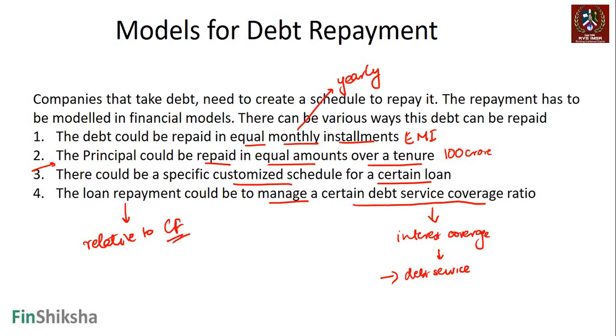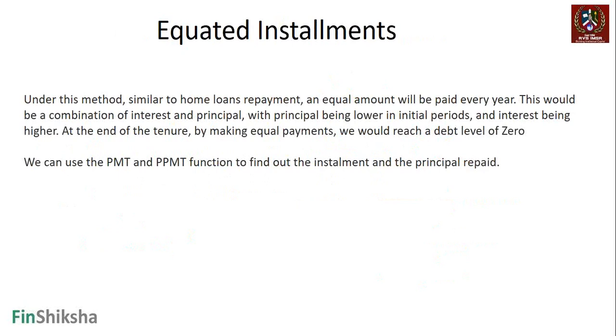So there are 4 broad models that we're looking at, and we're going to look at examples to see how that works. The first one is equated installments. Under this method, similar to the home loan repayment schedule, an equal amount will be paid every year. I'm taking a yearly example at this point.